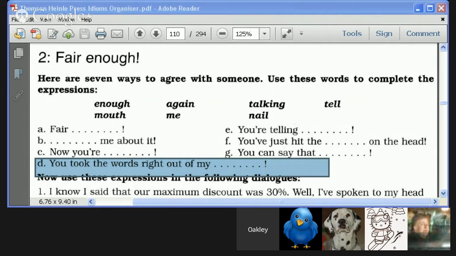I might say, now you're talking my language. That's what I want to hear. Meaning, yeah, we're on the same wavelength. We're thinking the same thing. It's often more about something to do, not just an opinion.